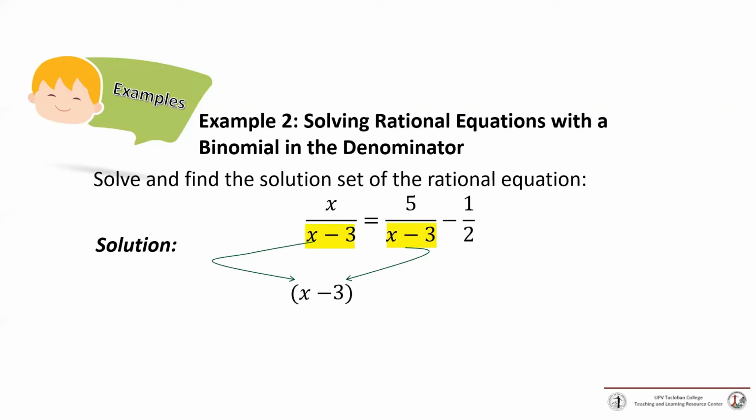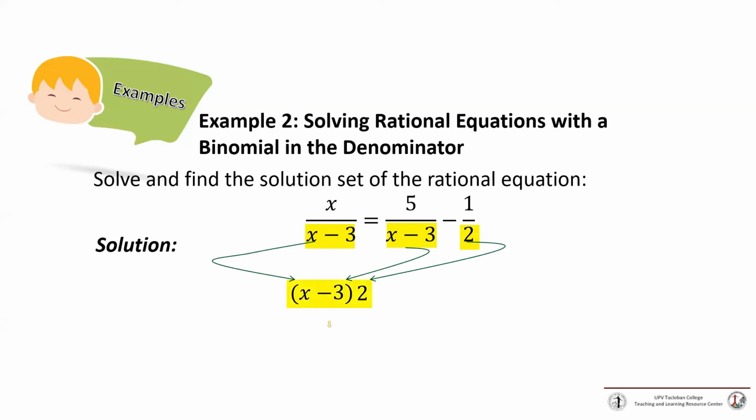For 1 half, the denominator is 2, so we multiply that to x minus 3. It becomes the quantity x minus 3 times 2, or we can rewrite it as 2 times the quantity x minus 3.